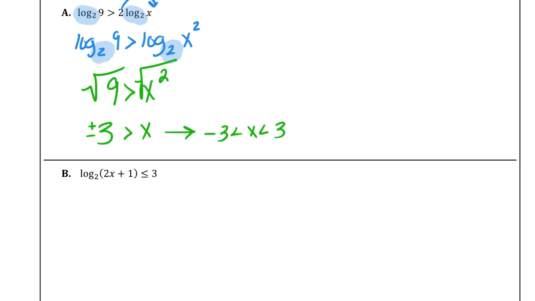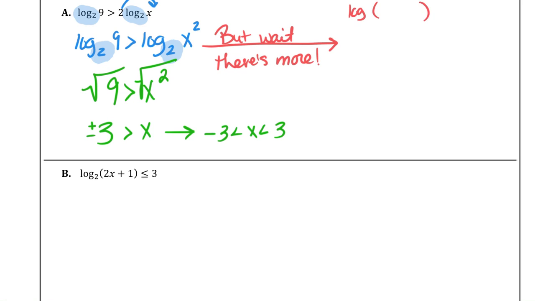But before I box this in, I need to think about something else. There are additional restrictions that come with a log. I do know that when I have a log statement, this green section we have talked about must always be positive, which means it's always going to be greater than 0.